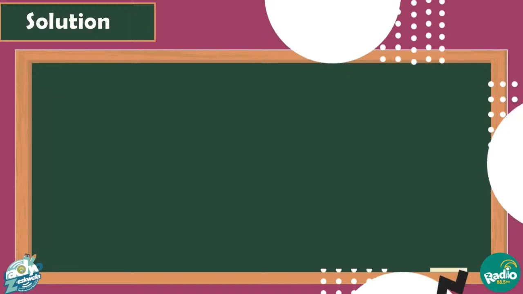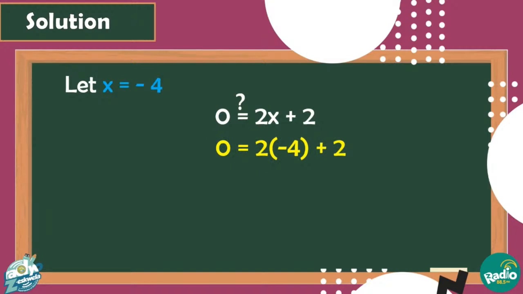Let's start evaluating the equation using the value of x, which is -4, by copying our equation, which is 0 is equal to 2x plus 2, and simply substituting the value of x, which is -4, to our variable in our given equation.